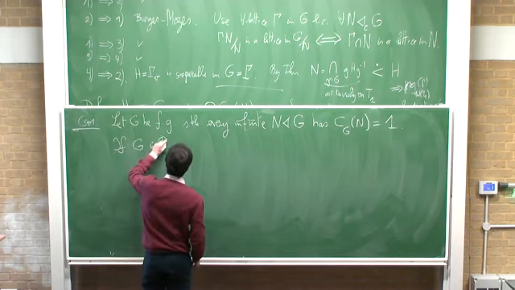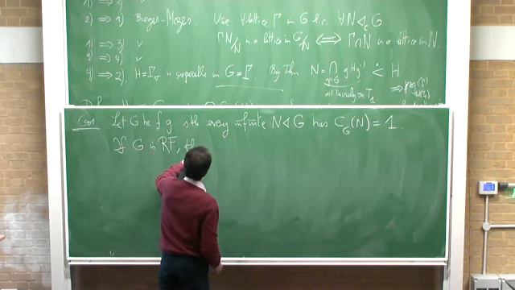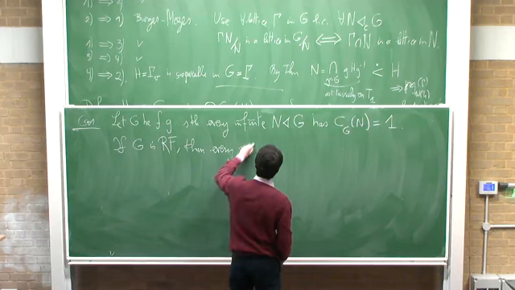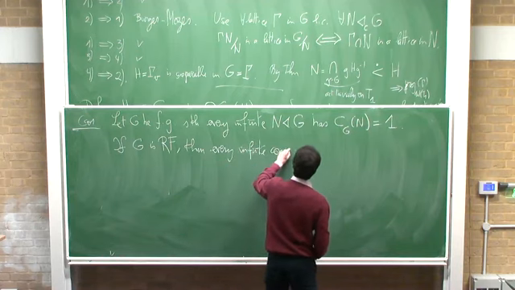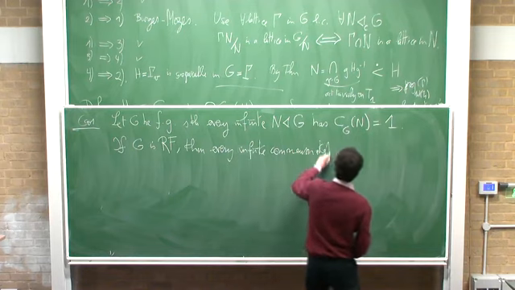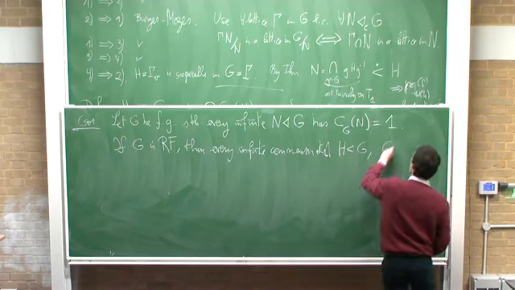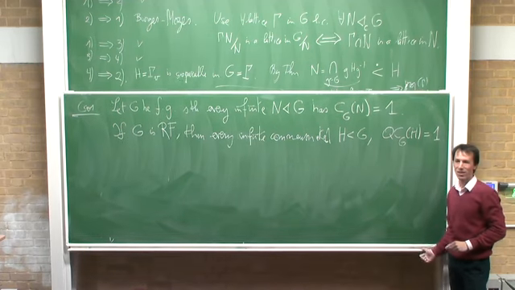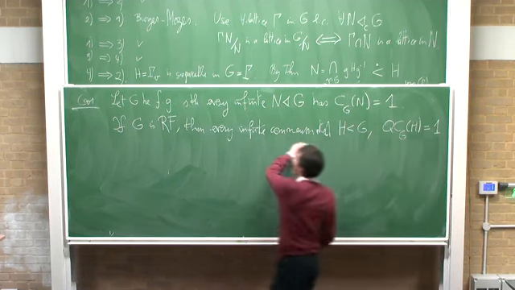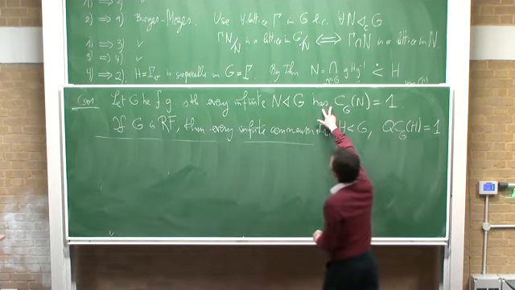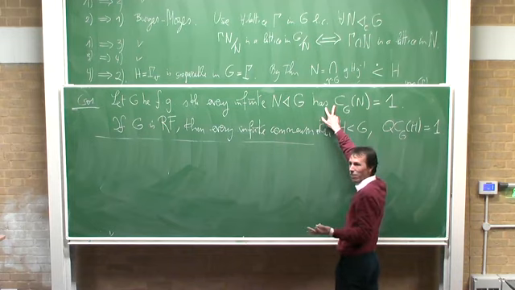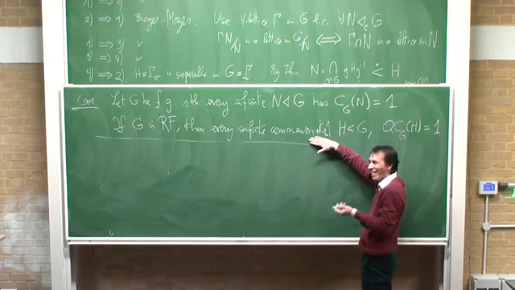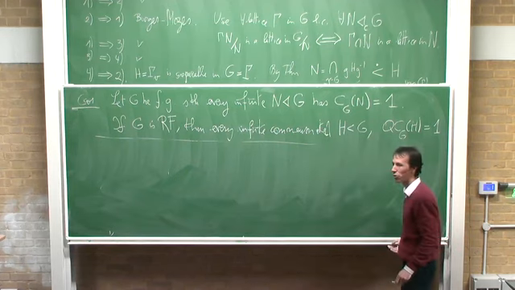If G is residually finite, then for every commensurating infinite subgroup H in G, the quasi-centralizer of H in G is trivial. So I make this assumption on usual normal subgroups, and then under the assumption of residual finiteness of G, I get the corresponding almost normal version.